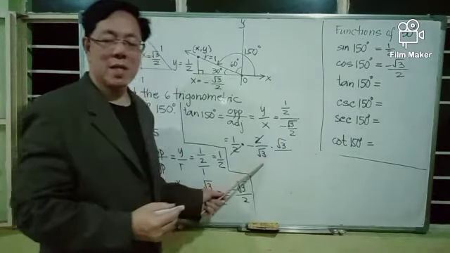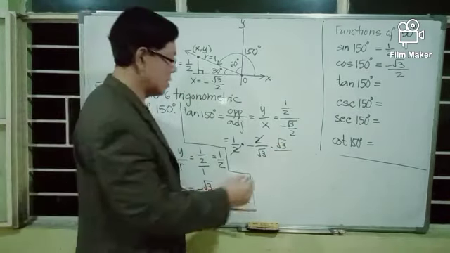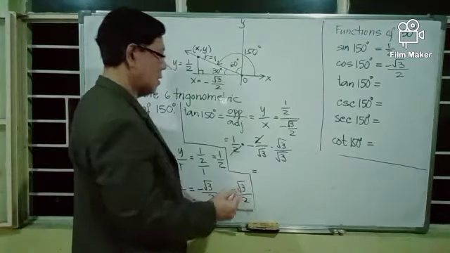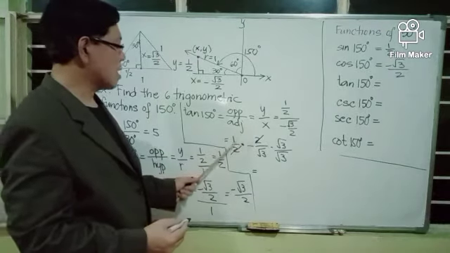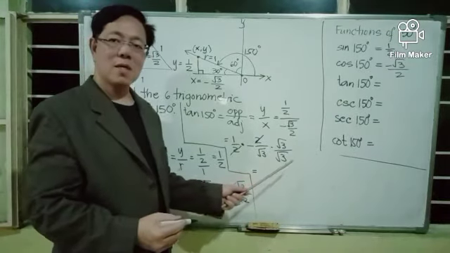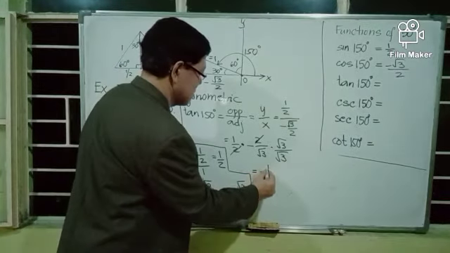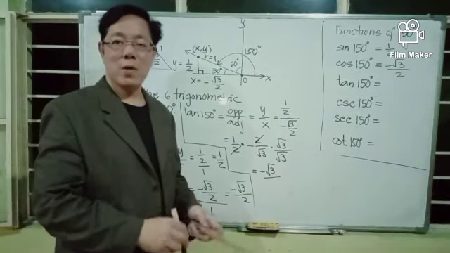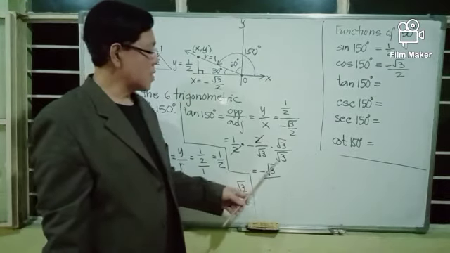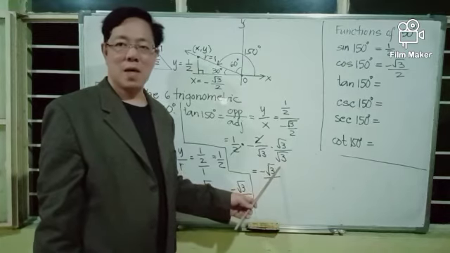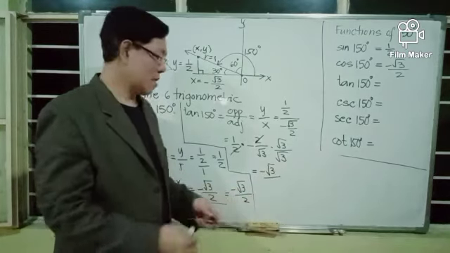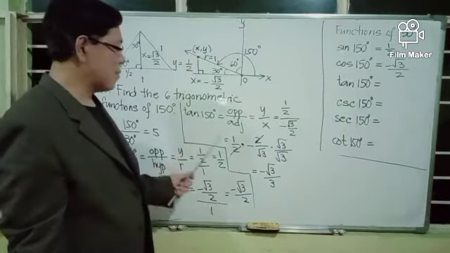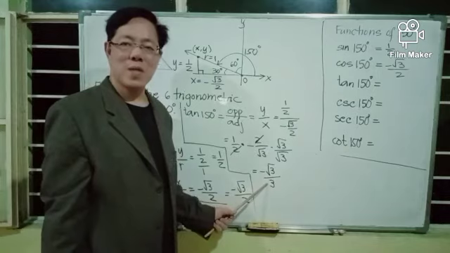And we also multiply the denominator by square root of 3. And we have negative 1 times square root of 3 is negative square root of 3. And by property of radicals from your algebra course, square root of 3 times square root of 3 equals square root of 9. And square root of 9 is 3. Hence, the tangent of 150 degrees equals negative square root of 3 over 3.